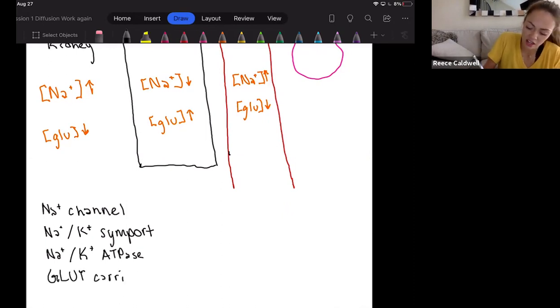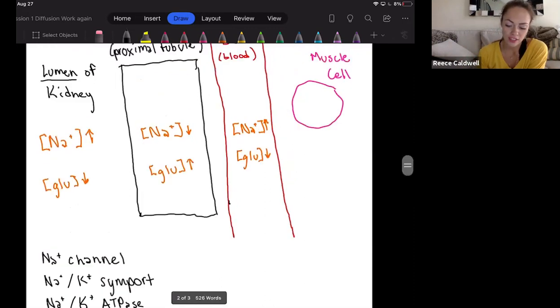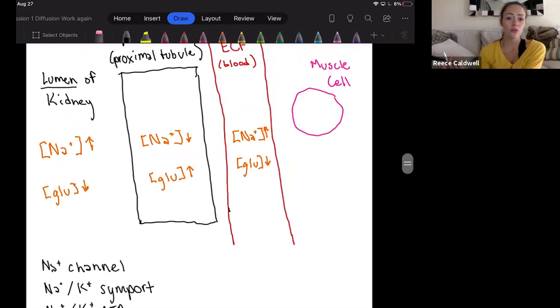In the next discussion video, part 2 of this video, which I'll be sending out by the end of the night, we'll be discussing these 4 channels a little more in depth. And I'm sorry, GLUT carrier is obviously not a channel. The first 3 are channels, GLUT is the carrier. But these are the 4 different mechanisms that we're going to use to get that glucose into that muscle cell.